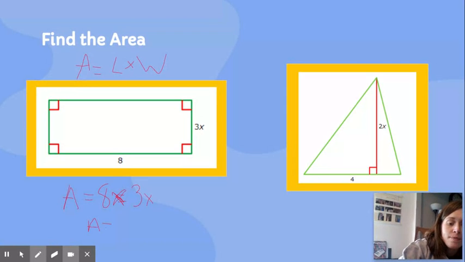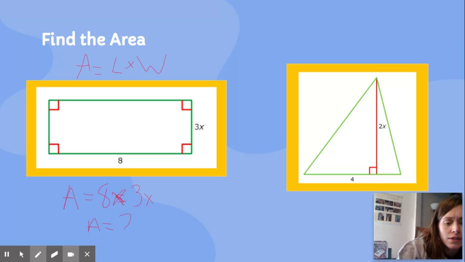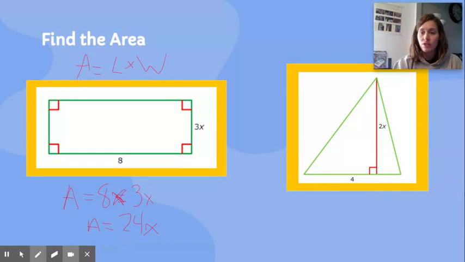Now again, we multiply the coefficients, so I can do 8 times 3. And that'll give us 24. And then there are no other x's, so it just stays x. So then there's our simplified monomial, 24x.